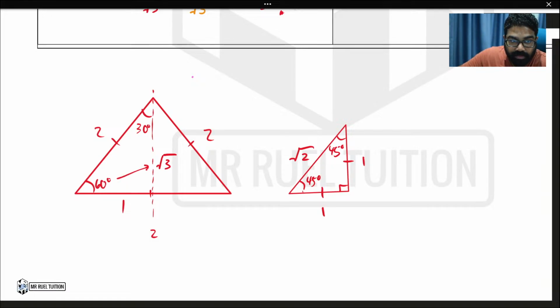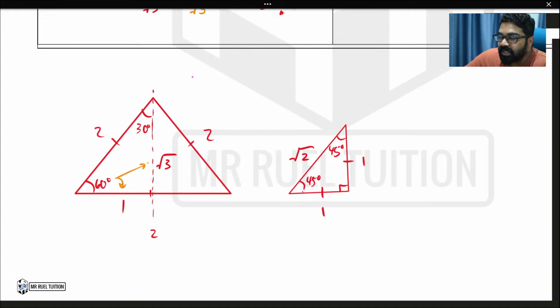Tangent will be opposite, bertentangan, bahagi opposite over adjacent, bertentangan, bahagi bersebelahan. Set 3 lah. Understand? Faham tak kelas? Set 3 lah. Okay.